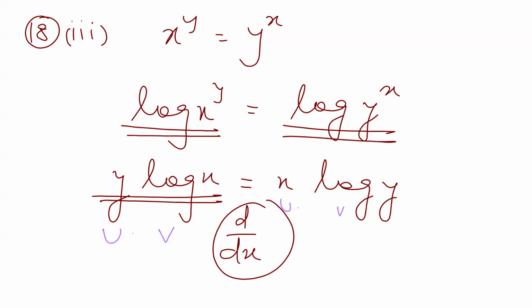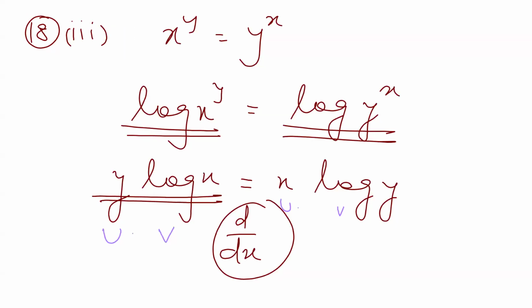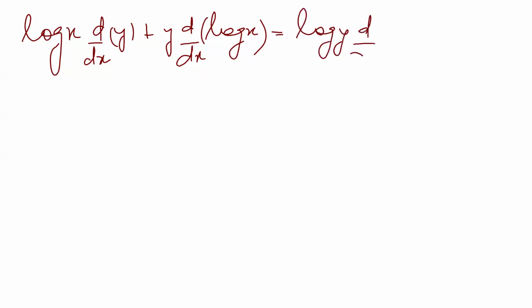Okay, great. So I'll start now. v derivative of u, so log x derivative of y. Let me check whether I'm writing the correct thing. Correct. Log x derivative of y plus y derivative of log x. Right hand side: log y derivative of x plus x derivative of log y.